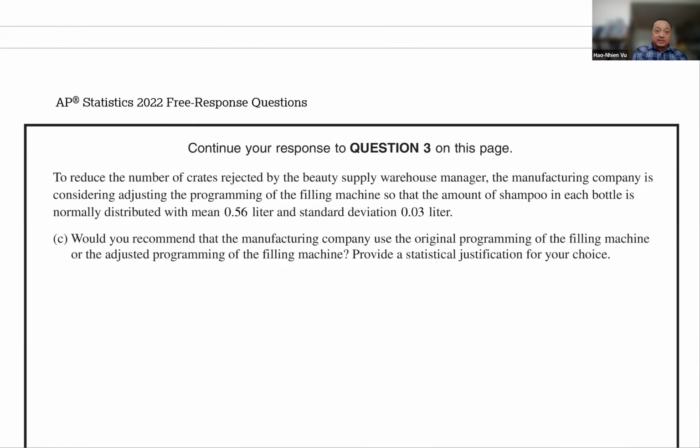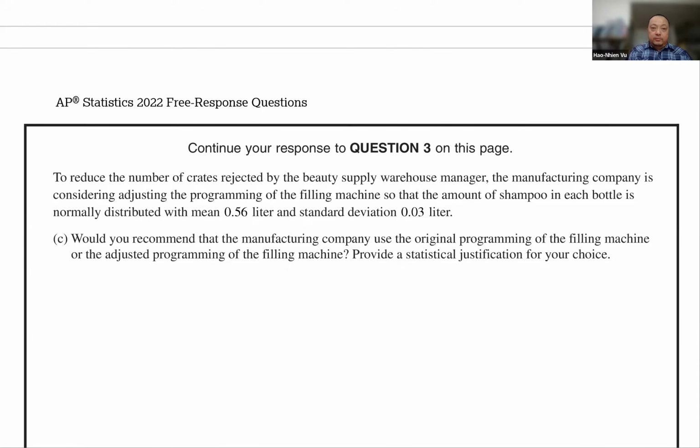Continuing on with part C of question 3. To reduce the number of crates rejected by the beauty supply warehouse manager, the manufacturing company is considering adjusting the programming of the filling machines so that the amount of shampoo in each bottle is normally distributed with a mean of 0.56 and standard deviation of 0.03.